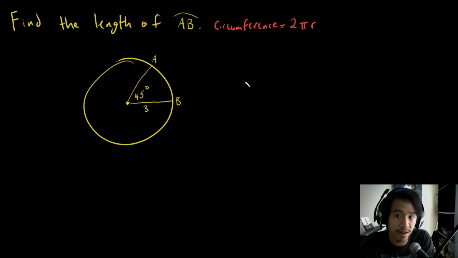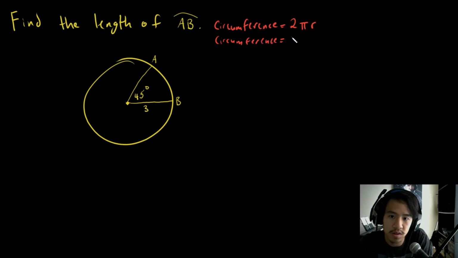So let's go ahead and calculate this. The circumference is equal to 2 times pi. Well, our radius is 3. So it's just times 3. So this is equal to 6 pi.